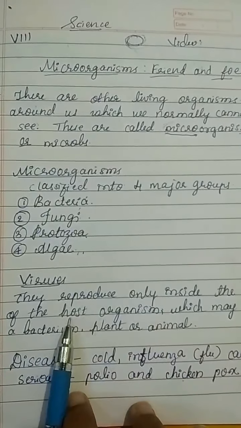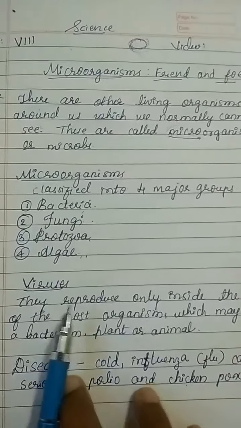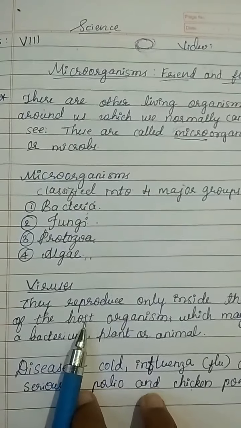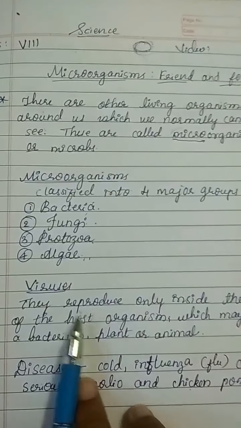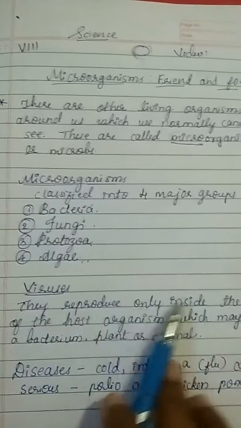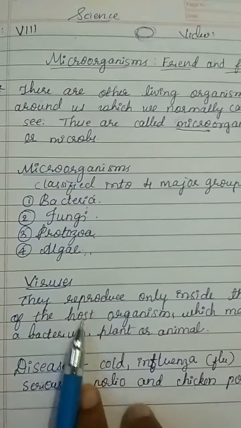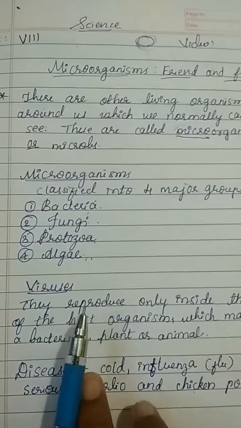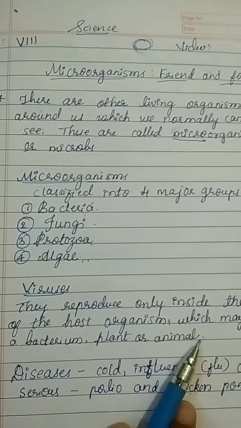You learnt in your previous class that host organisms means they live on other organisms. So they reproduce only inside the cells of the host organism, for example bacteria, plants or animals.